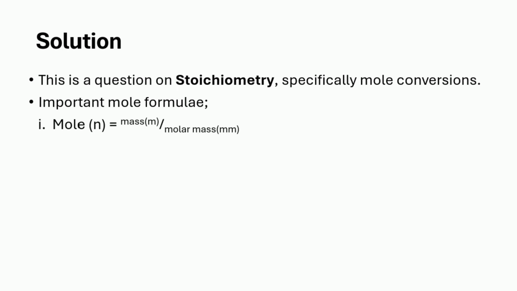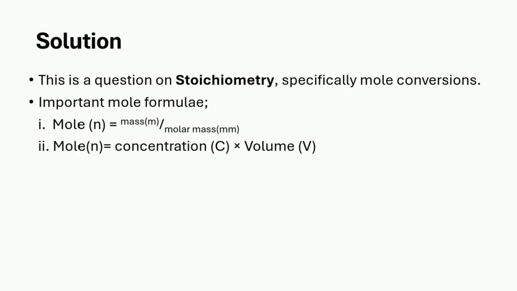The first one is mole equals mass over molar mass. Please note that your mass should be in gram, while your molar mass is in gram per mole. These are the standard units we use when calculating in stoichiometry. Number two is that mole equals concentration times volume.